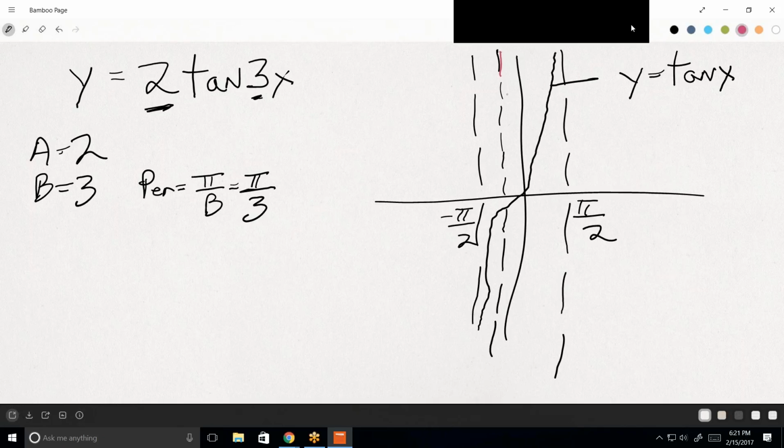Hold on, let me do this properly in red. There's one asymptote, there's another asymptote. If my period is pi over 3, then it must be going from minus pi over 6 to pi over 6. That would give me a period of pi over 3. Now, if I just had y equals tangent of 3x, it would look something like this.